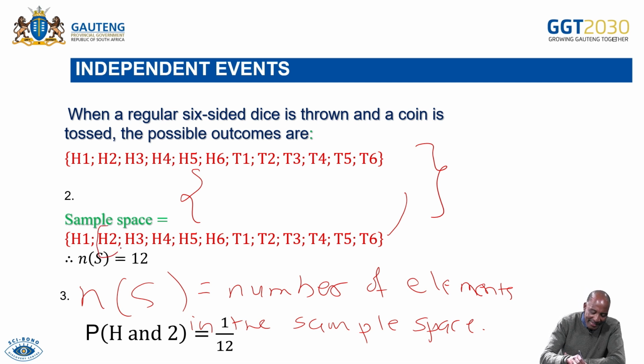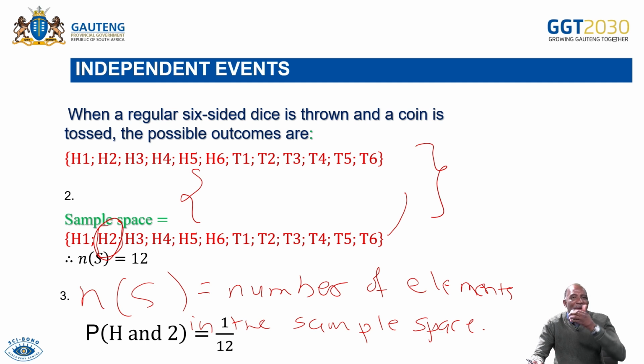I see a head and a 2 there. There is only one head and 2 in the whole list. That is what the question required us to find. It says determine the probability that the outcome is a head and a 2.